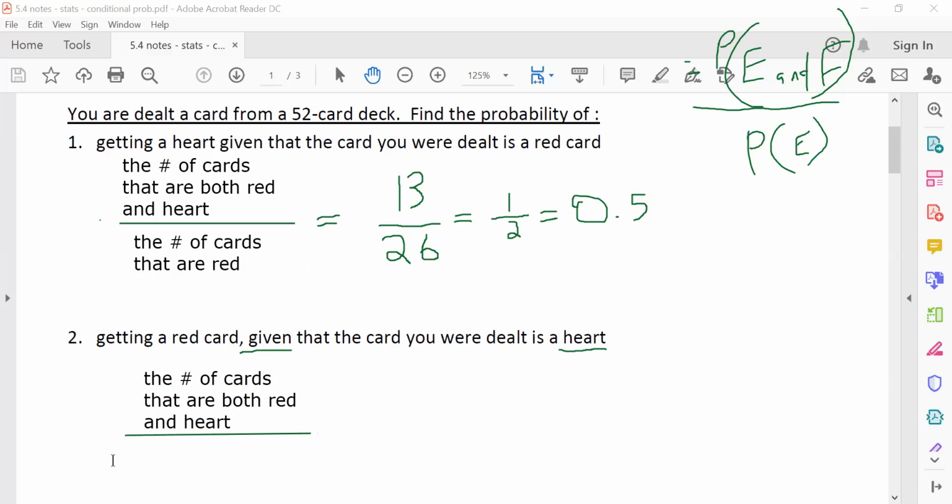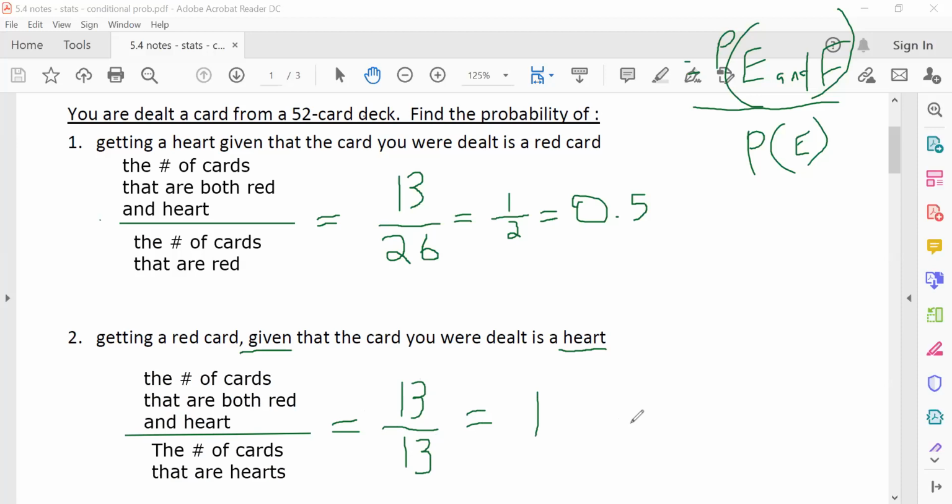On bottom, though, since we're given now that it's a heart, the bottom is just going to be the number of cards that are hearts, the number of hearts in the deck, basically. So this top number, the number of cards that are both red and a heart, is still 13. But this bottom number, the number of cards that are hearts, is also 13. So this is just 1 or 100%.